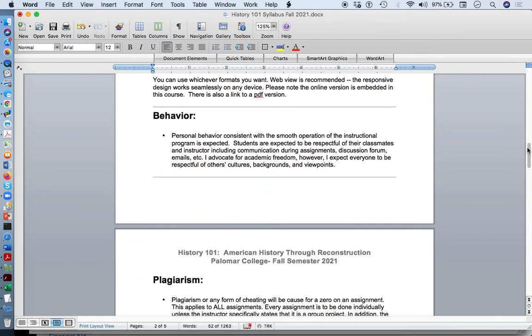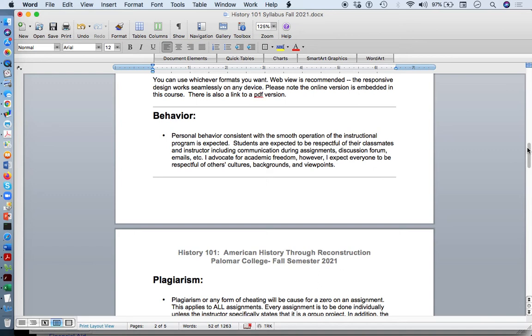With respect to behavior in this course, although it's an online course and you won't be necessarily seeing each other in a traditional classroom, I still expect that you be respectful of both your classmates and myself, because you will be communicating with me and your classmates either through discussion posts or through emails.